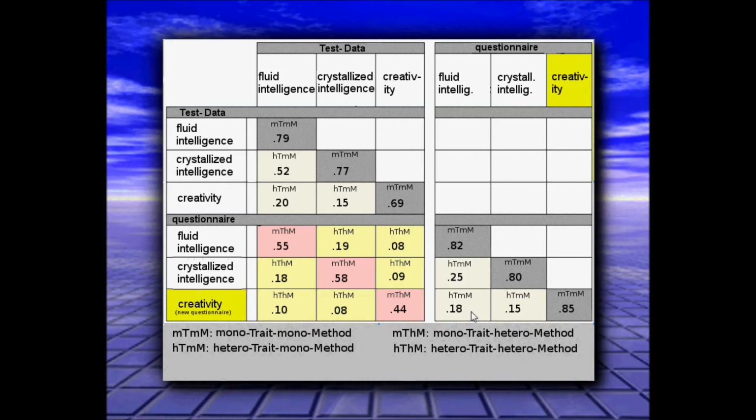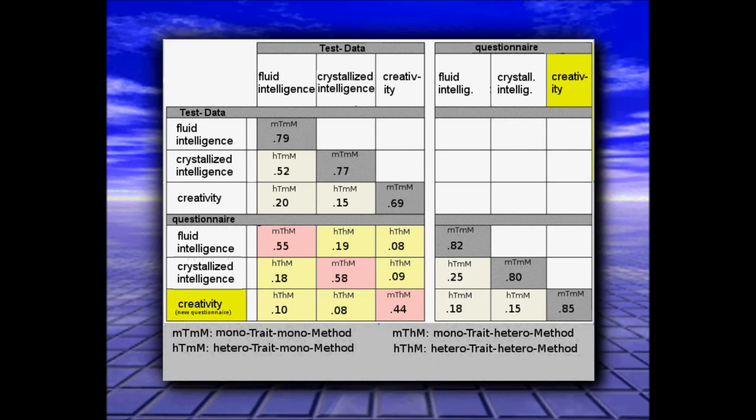What is quite interesting in this case, I mean, of course, I put the numbers in there, so this is just an ideal typical case, but you usually find heterotrait-monomethod correlations. Different traits are measured with one method.